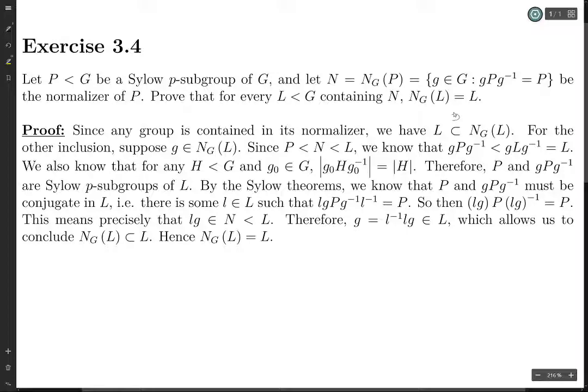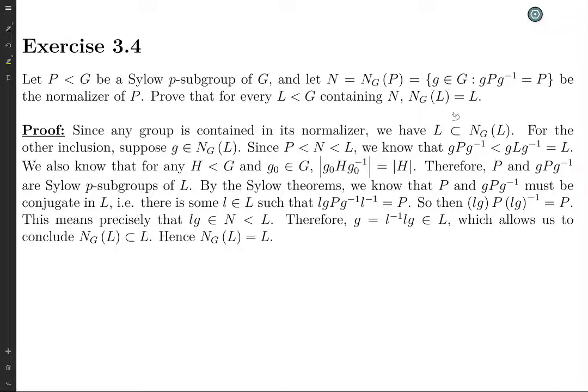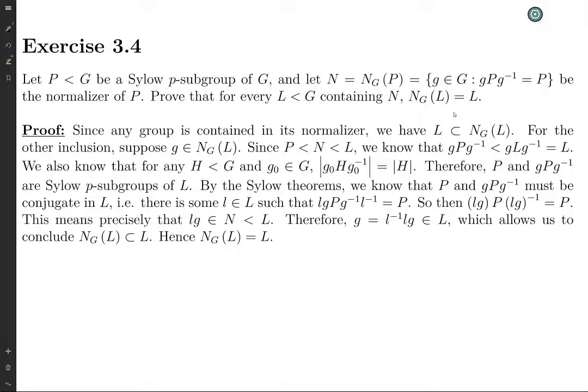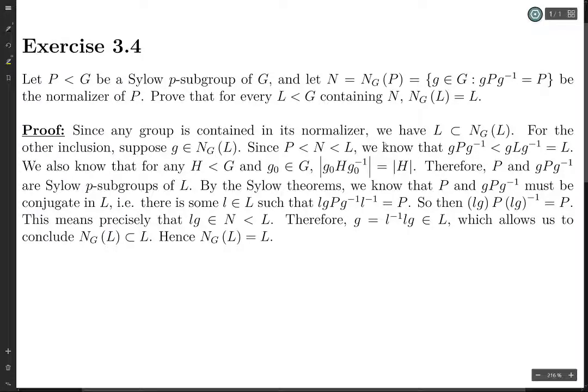We want to prove that if you have an element in the normalizer of L, then that element is going to be an element of L. Alright, so we know that P is contained in N is contained in L. And so P is a subgroup of L.